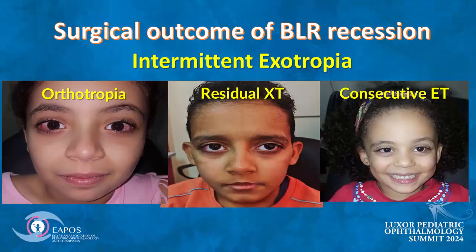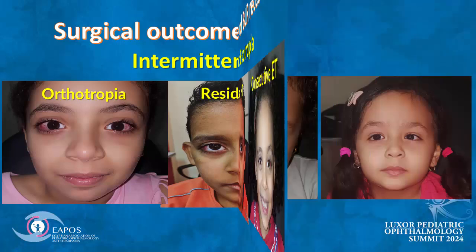The results of bilateral recession in intermittent exotropia are either orthotropia, residual exotropia, or lastly, consecutive exotropia, which is our talk.